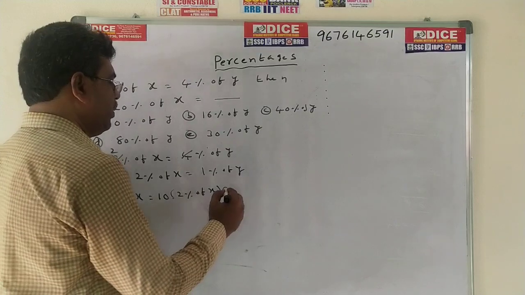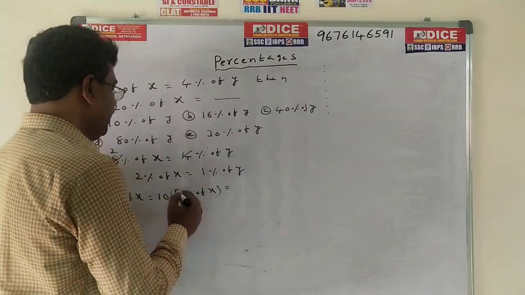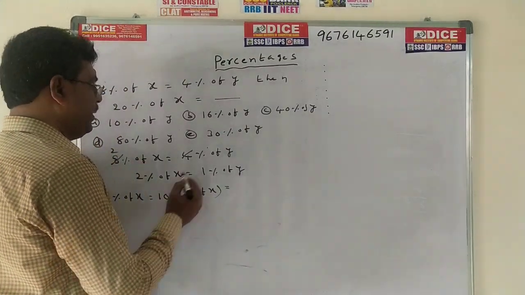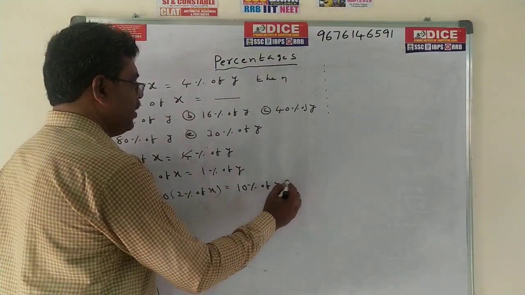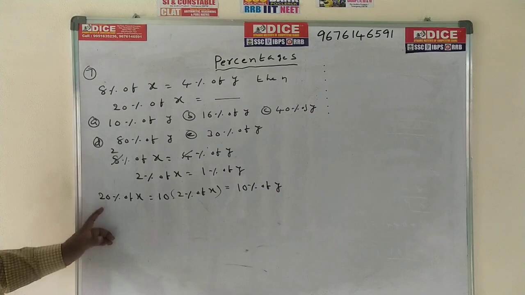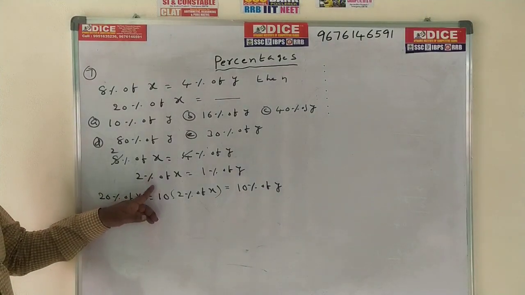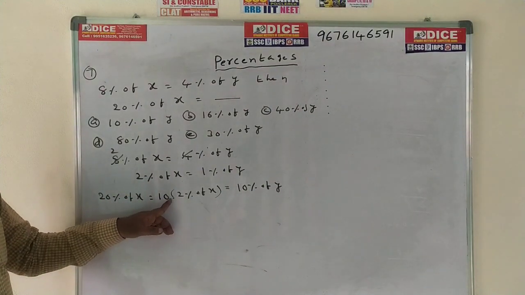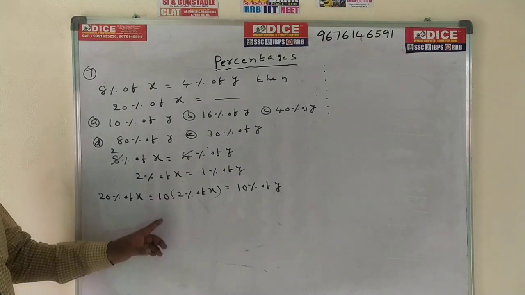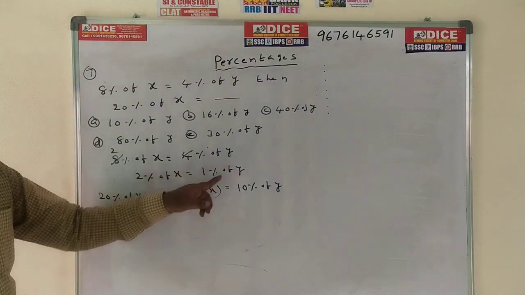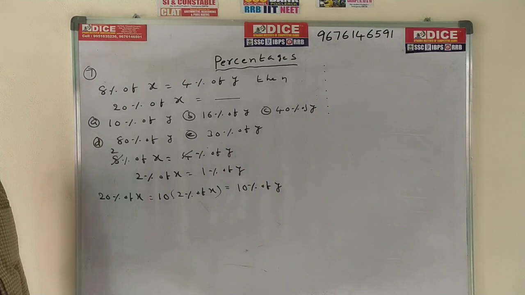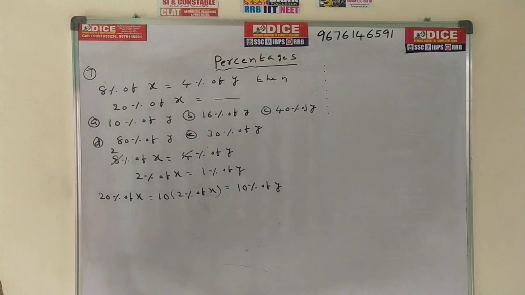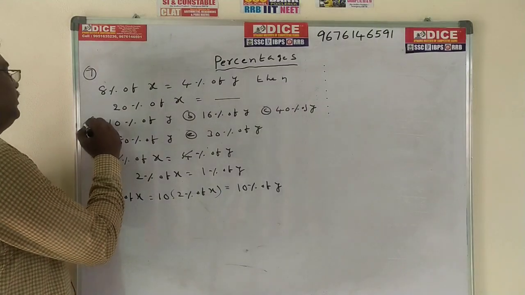So this is equal to 10 into 1% of y, 10% of y. So the answer is 10% of y. 20% of x I am writing in the form of 10 into 2% of x, but 2% of x means 1% of y, so 10 into this means 10% of y. 10% of y is the required value.